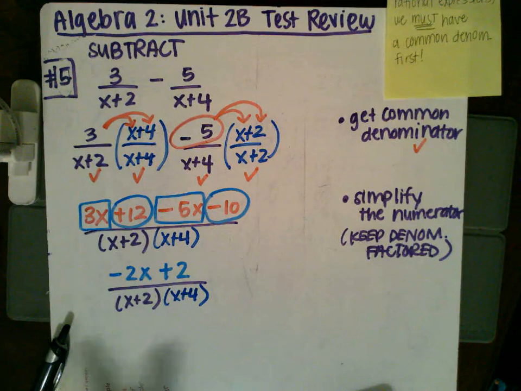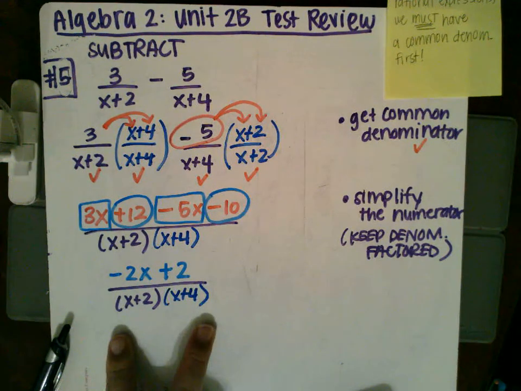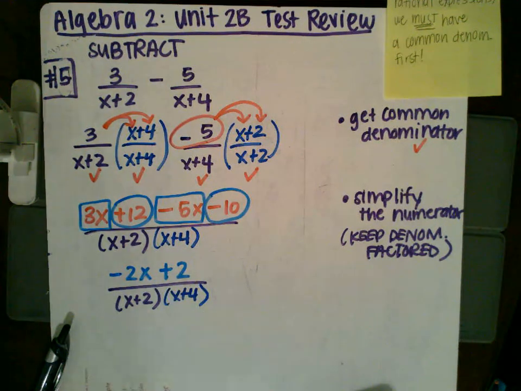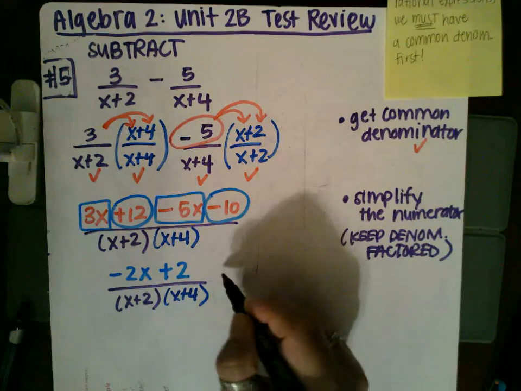Now, whenever you get to this step, remember, you want to see if your numerator can be factored and things can cancel, and our denominator can be factored and things can cancel. Well, our denominator is already factored. So let's see what this is equivalent to.